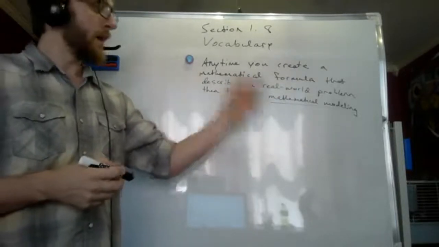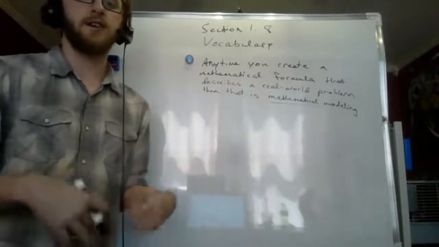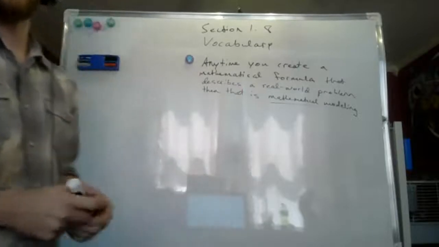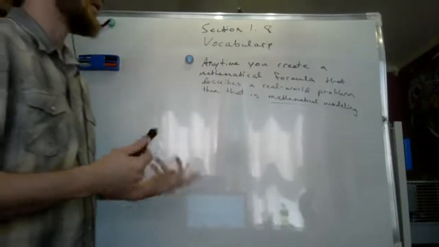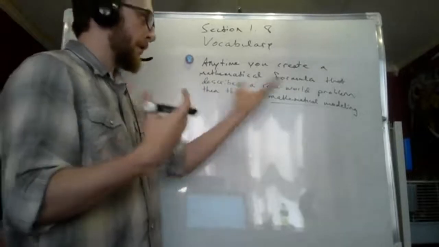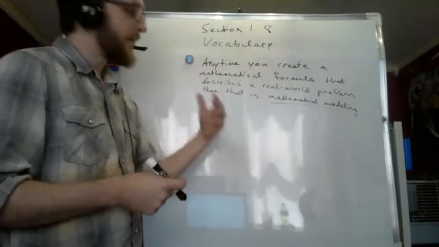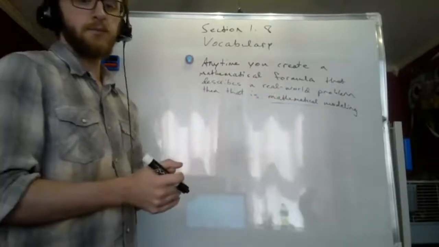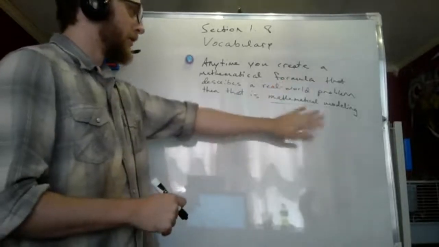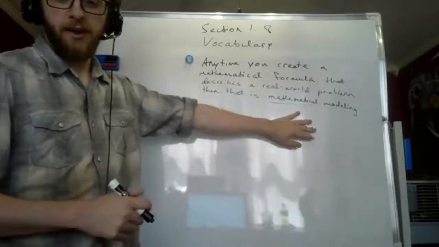It doesn't have to be the scary thing of using big complicated equations. Even just using some linear equations to model something in your day-to-day life is mathematical modeling. So don't be afraid of that.